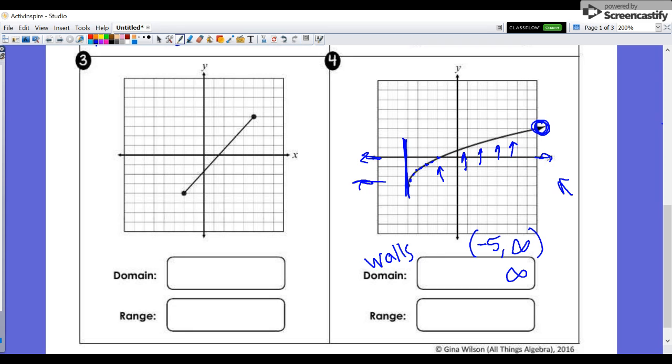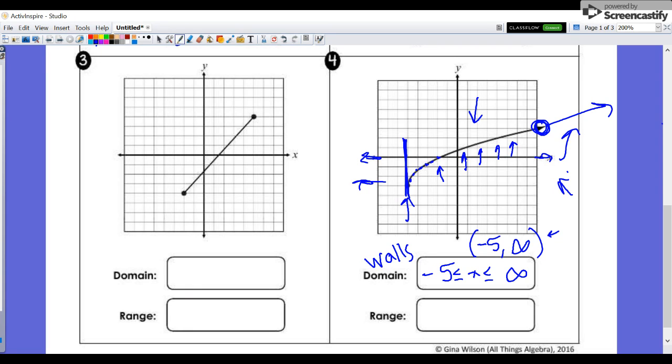I'm okay with you using that for the quiz today, but going forward, I want you to write it more like this. Because I'm saying here that every single x value that makes up this function falls somewhere between -5 and infinity as it goes on forever and ever. Okay? So that's my domain, but now let's look at the range.